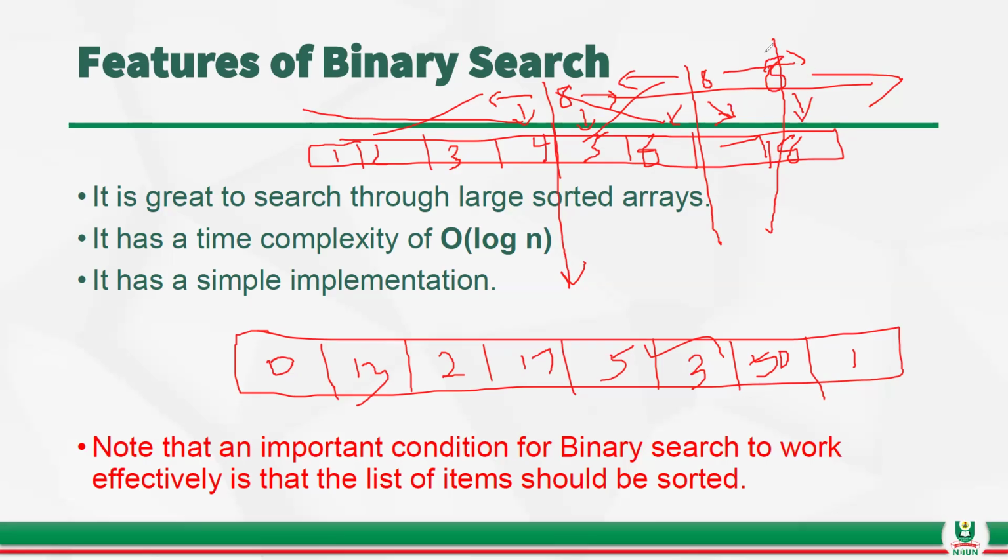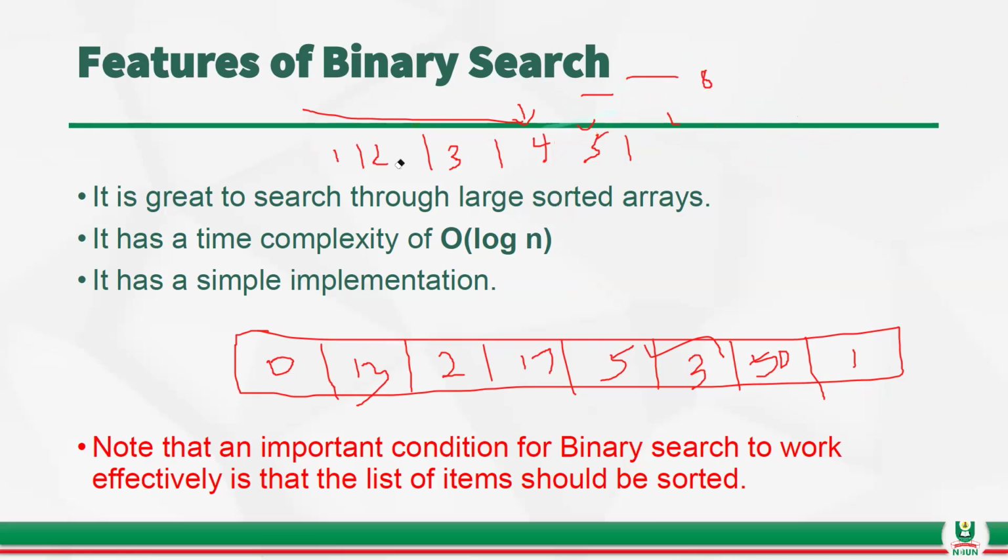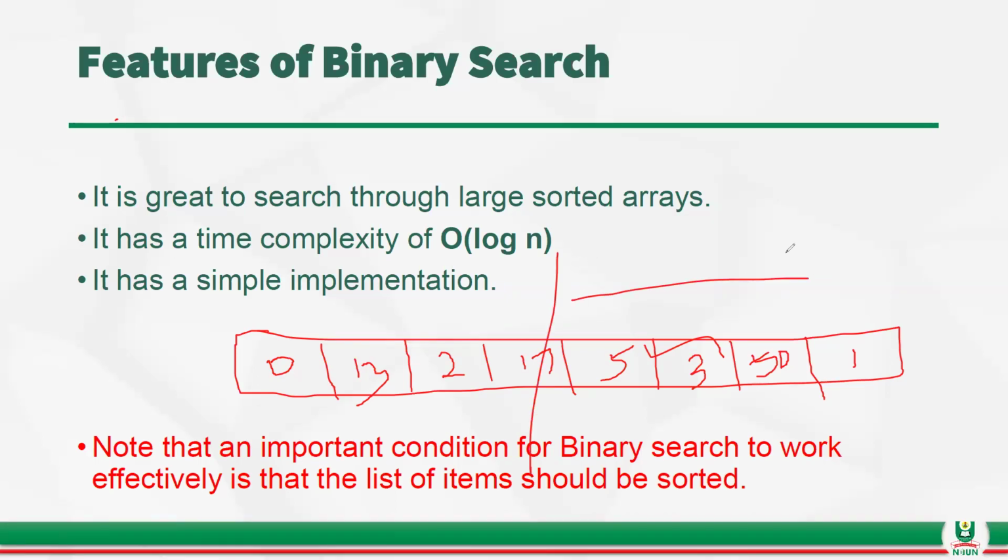So you see, it's easier because the numbers are sorted. But imagine if the numbers are not sorted. The algorithm will still get the result, but after jumping around, jump to this side, jump to this side, and finally it will get the response, unlike if it is sorted.